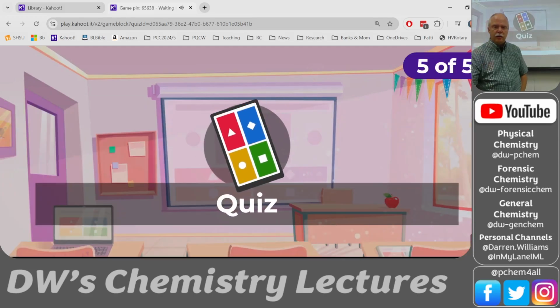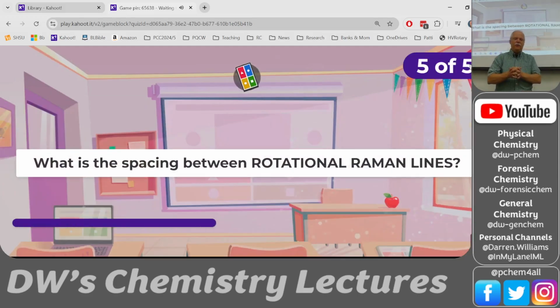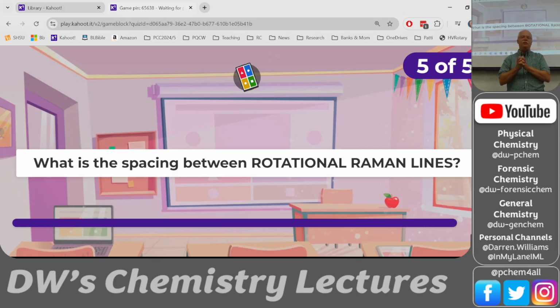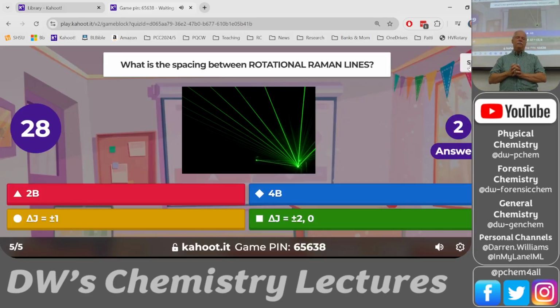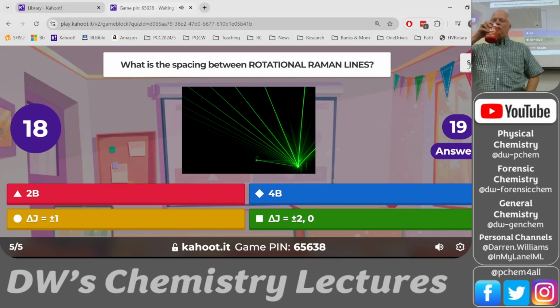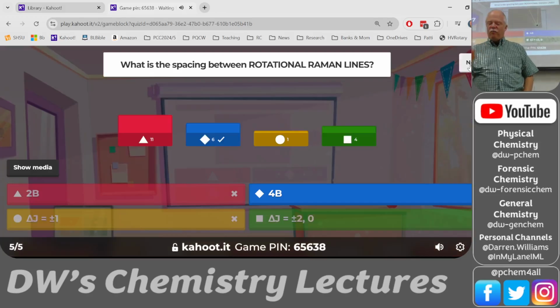Okay. And last question. What is the spacing between the rotational Raman lines? Okay, kind of a big spread. So again, what do we mean by lines? Those are lines in the spectrum. So this is where the peaks are.